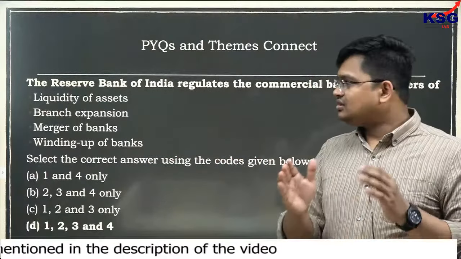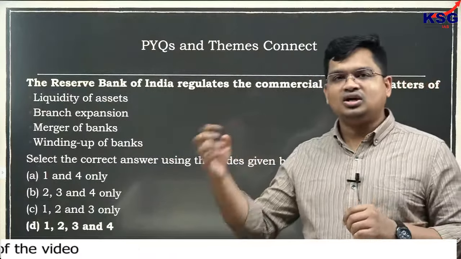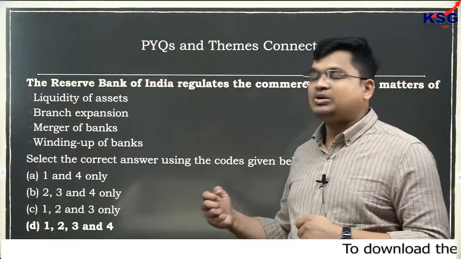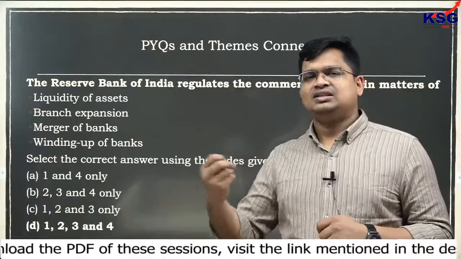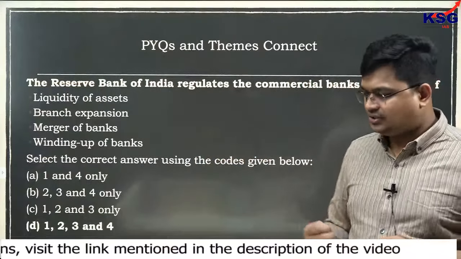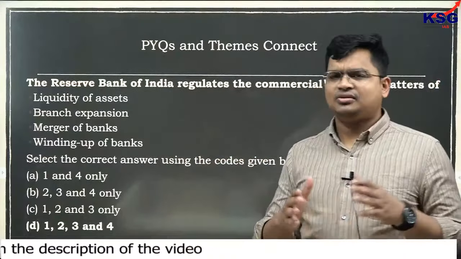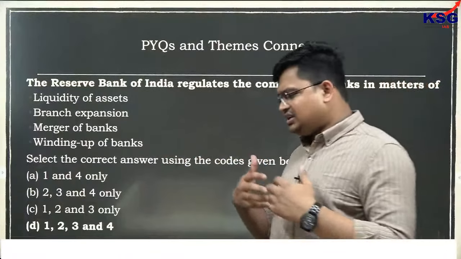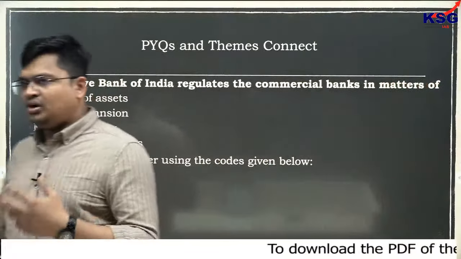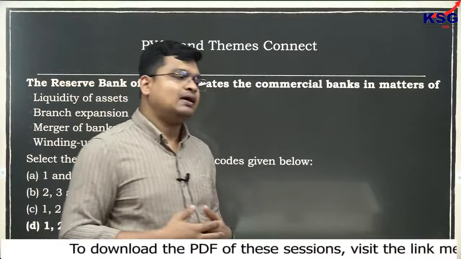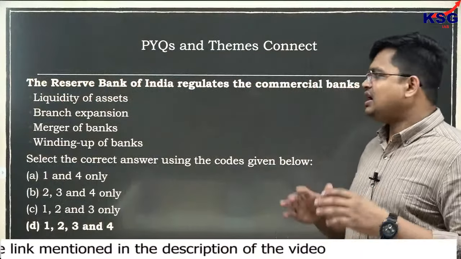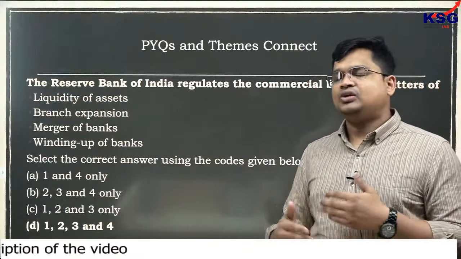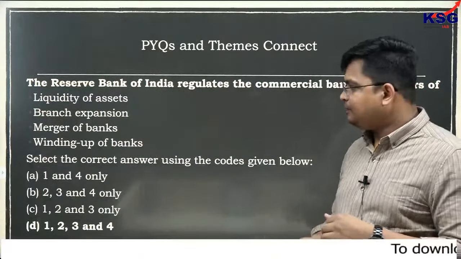But obviously, if the RBI wants to put restrictions on branch expansion, then the RBI can do that. Merger of banks: recently, the government has merged a few banks and the scale of operation has increased, and that is under the regulation of the RBI.